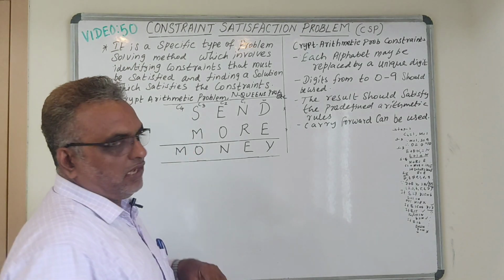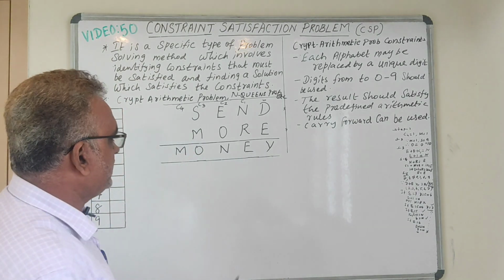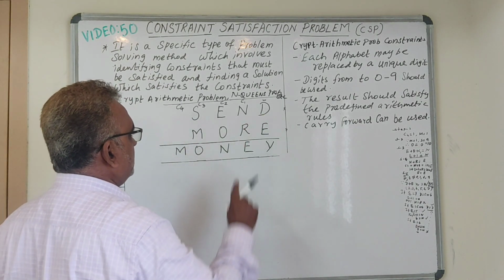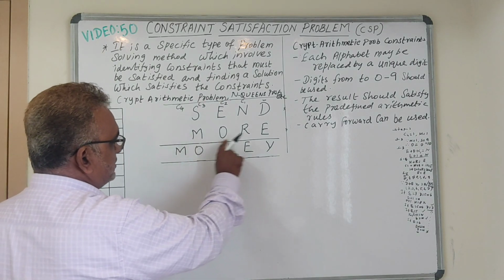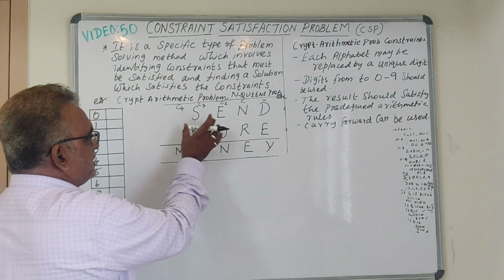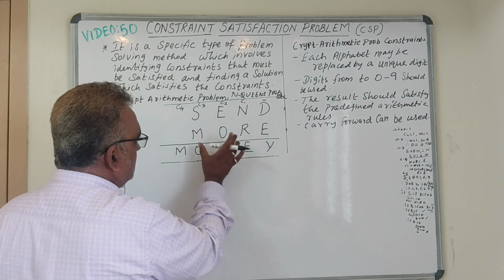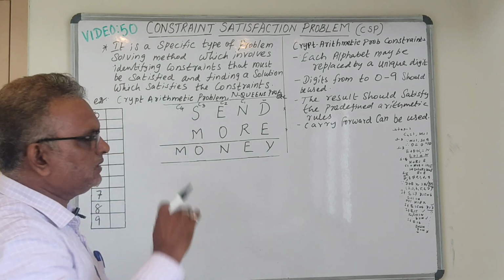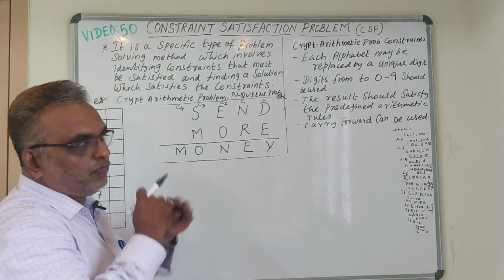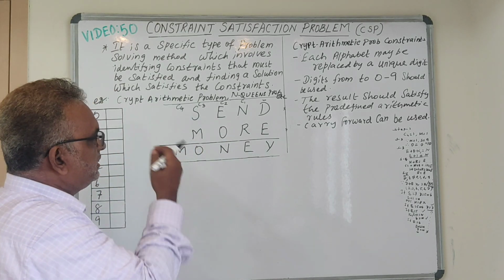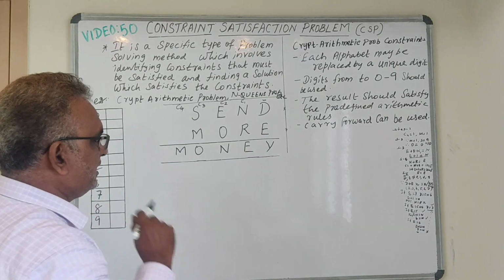Now let us see how to solve this problem. Initially, this is a 4-letter word and this is a 4-letter word. Consider them as 4-digit numbers. If you add 4-digit numbers, definitely there is a chance of getting a carry.